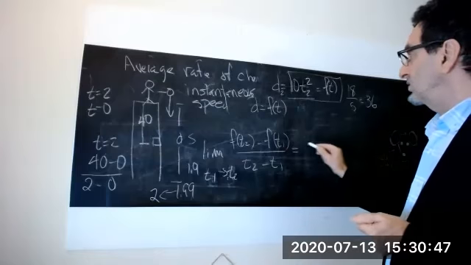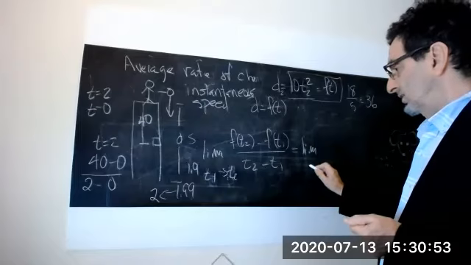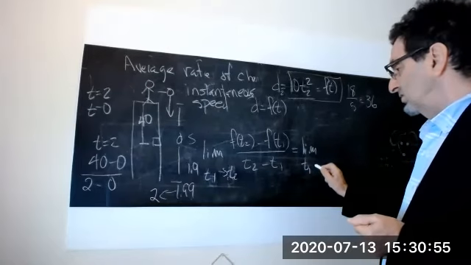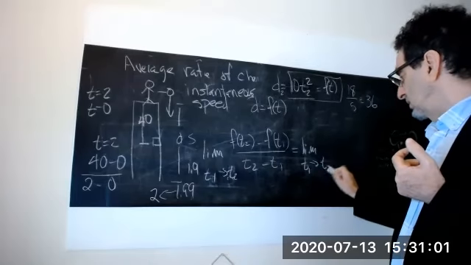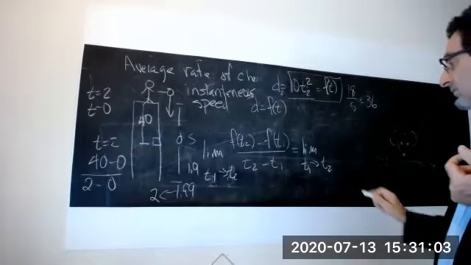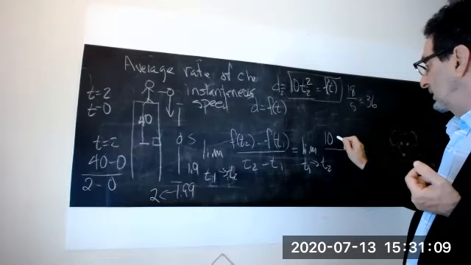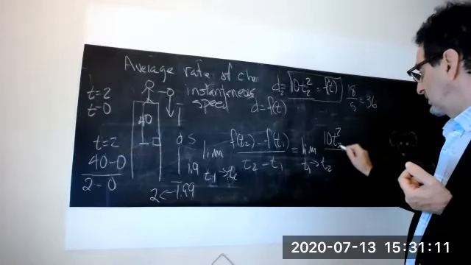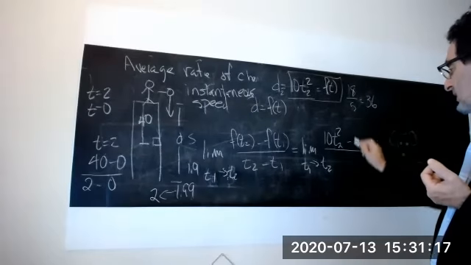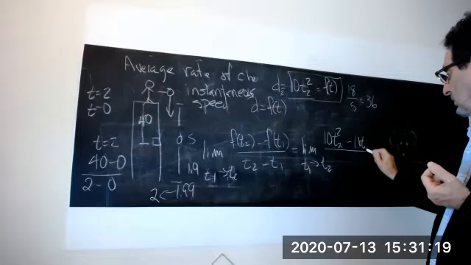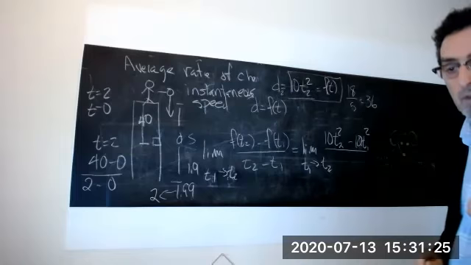So f of T2 is, well, let's write the limit first. Limit as T1 approaches T2. I'm going to make it general. And let's fill in. F of T2 is 10 T2 squared, and f of T1 is minus 10 T1 squared. See that? Hope so.